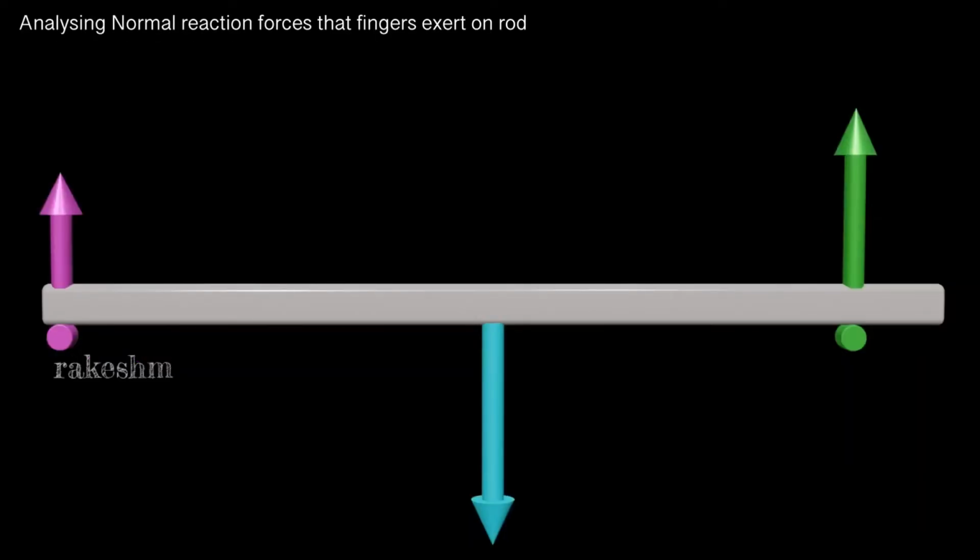Next, let us move on to analyzing the normal reaction forces that the fingers exert on the rod. These two fingers, the left finger and the right finger, exert a normal reaction on the rod in the upward direction. This you see here is mg. So let us analyze these normal reaction forces as these are moving towards the center.